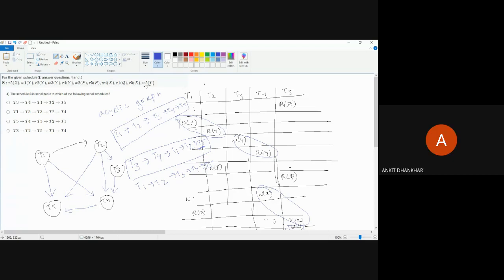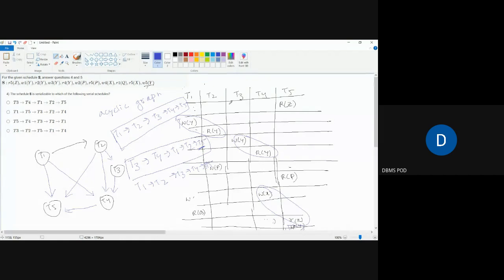What I wanted to ask is, we are performing a write P in T2, and that is the final write in transaction T2, right? Here multiple writes are there, so for the third condition, do we just consider the last one? Yes, the final write is whatever the last write is.